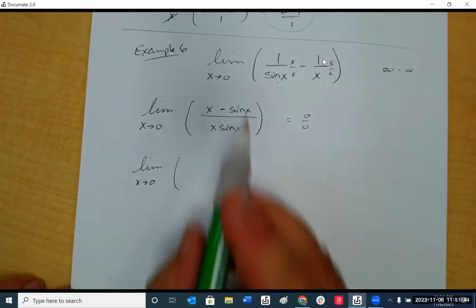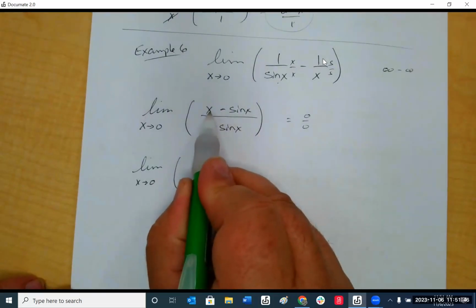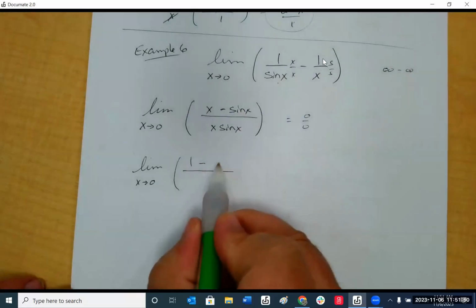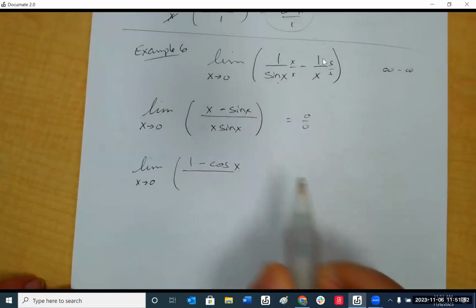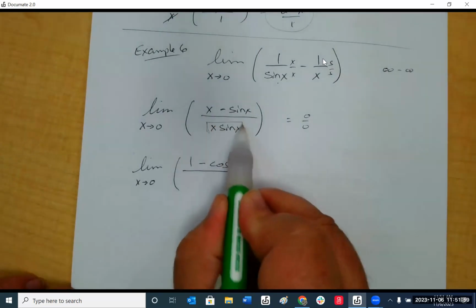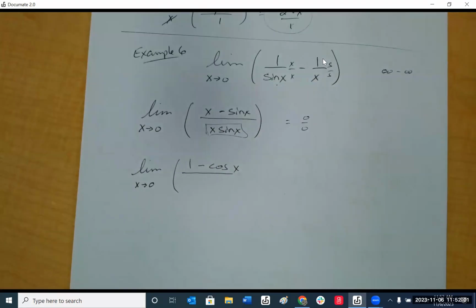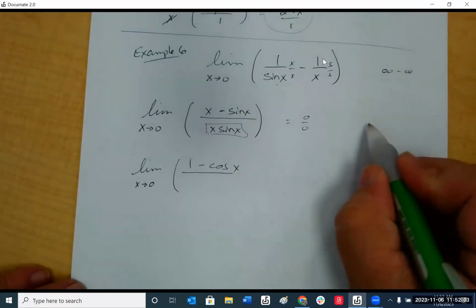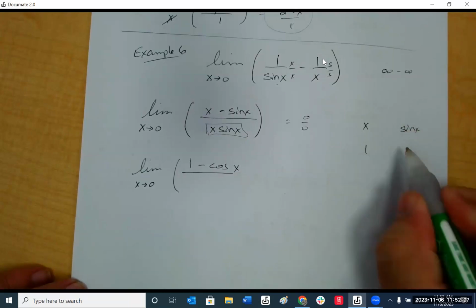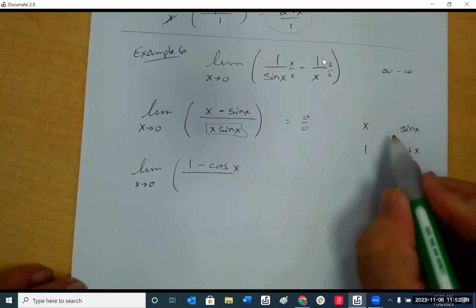So the derivative of the top is, derivative of x is 1. Derivative of sine is cosine. Okay, we couldn't avoid it much longer. We have a product rule. x sine x: 1 times sine, x times cosine.